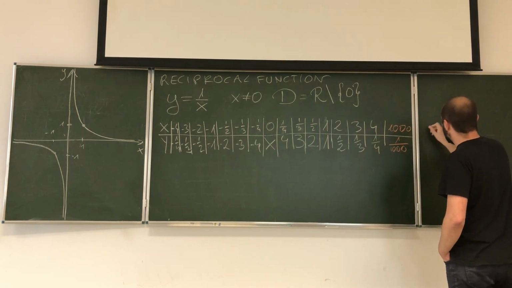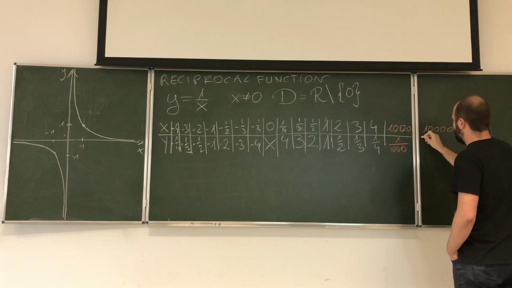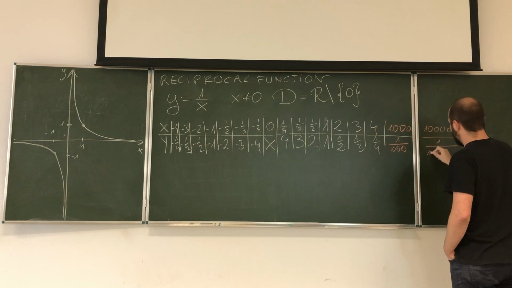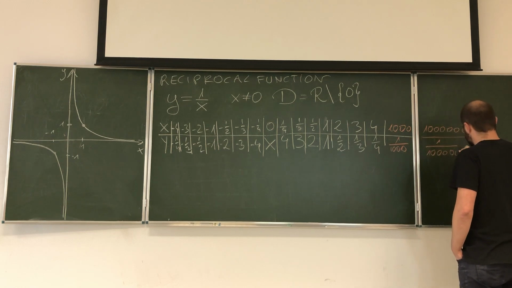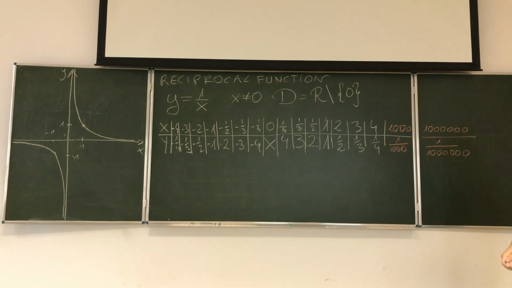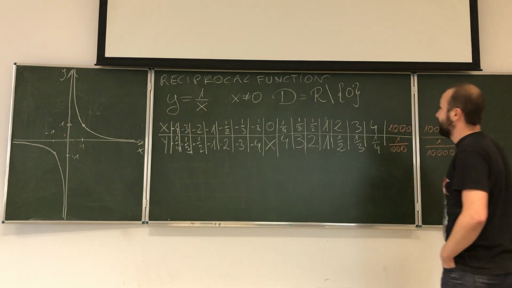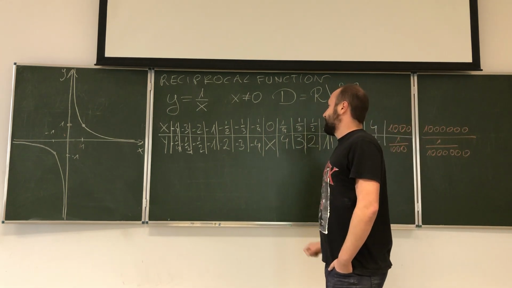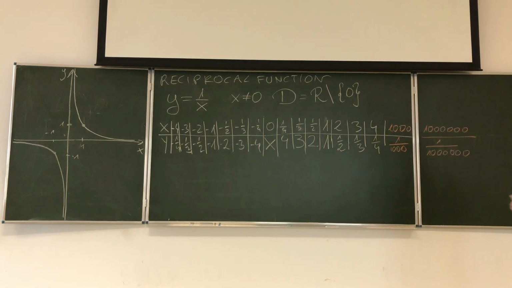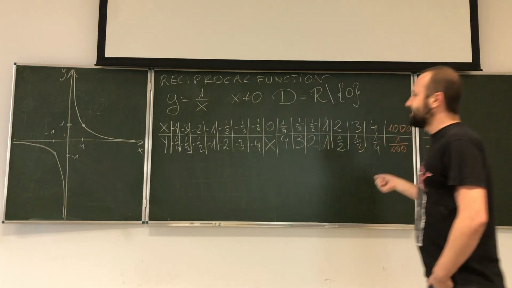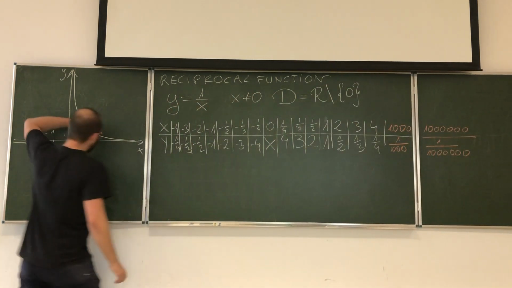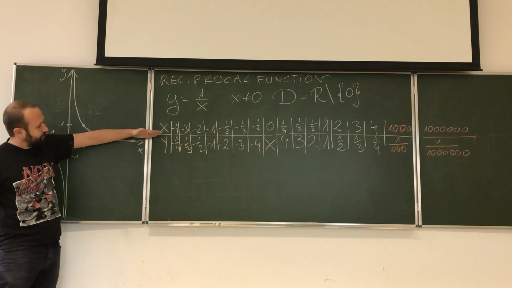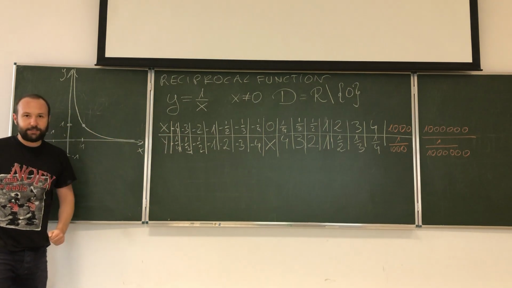If I would have here 1 million, here I would have 1 over 1 million. Okay, so we clearly see that as x is getting bigger, y is getting smaller, and we are getting closer and closer to the x-axis.